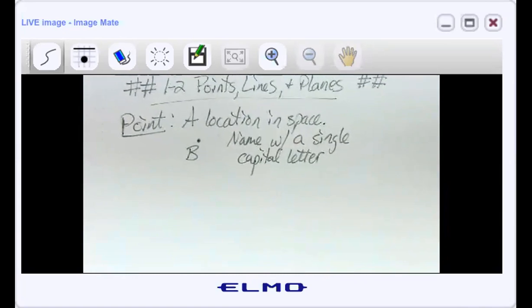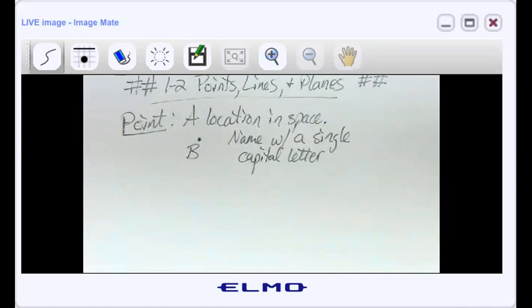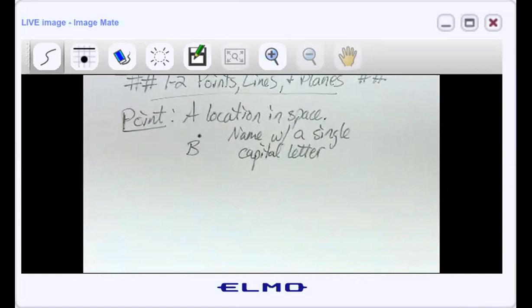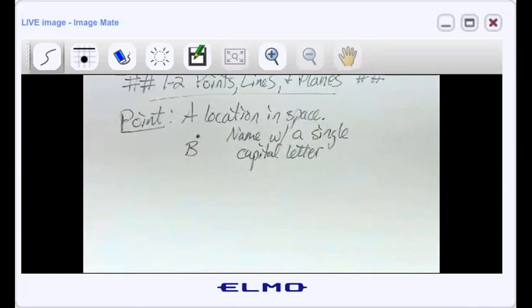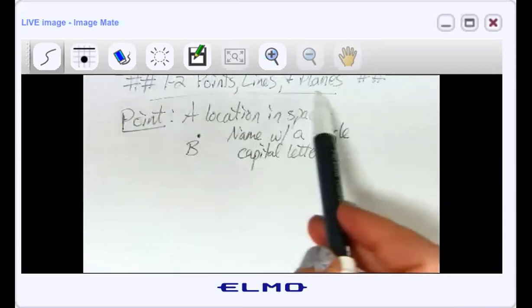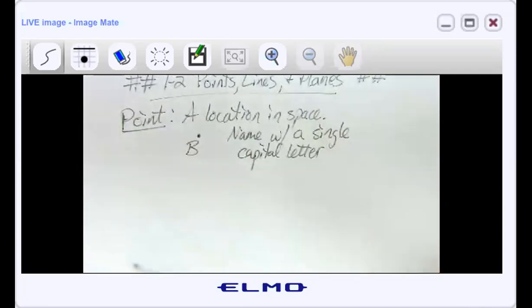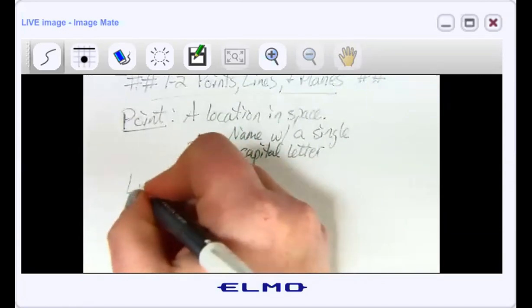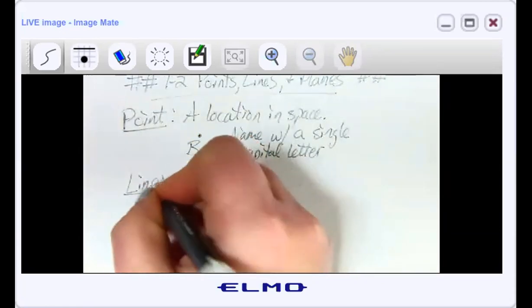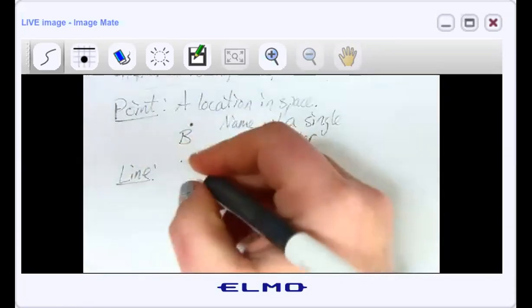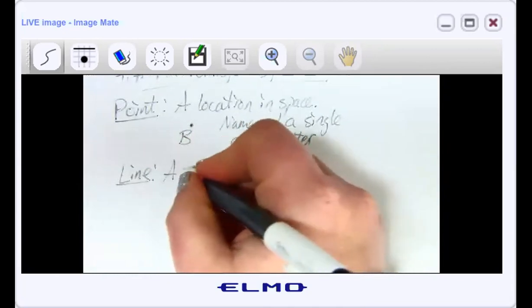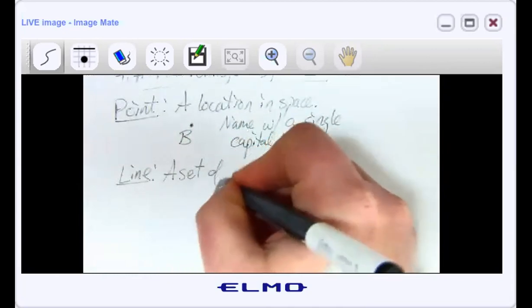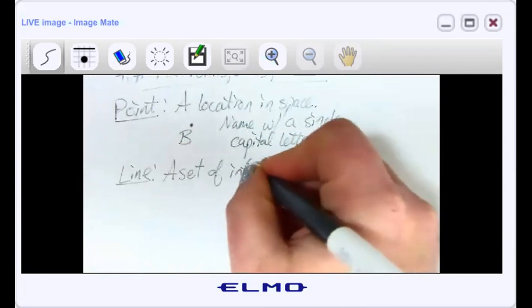Now, line, we're going to define a little bit more specifically than what we're used to, because like I said, if I just tell you draw a line, we're used to just doing that. And that's not really what we mean in geometry. So a line is going to be a set of infinite points.